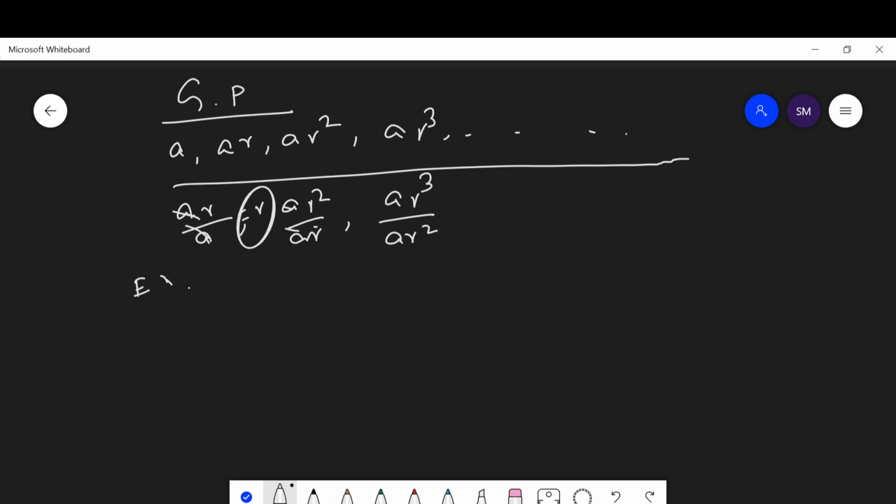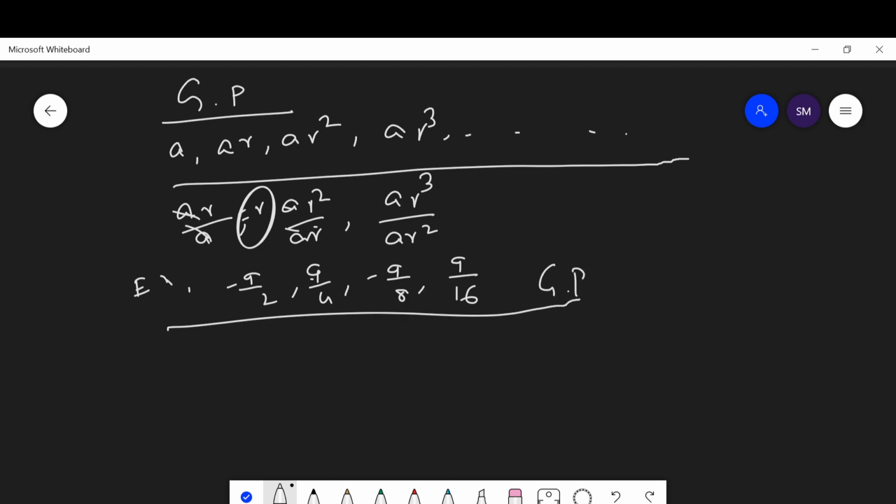Example: suppose minus 9 by 2, 9 upon 4, minus 9 upon 8, 9 upon 16. These are in GP. Here the common ratio is minus 1 by 2.